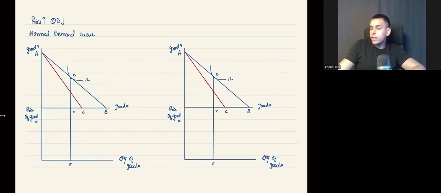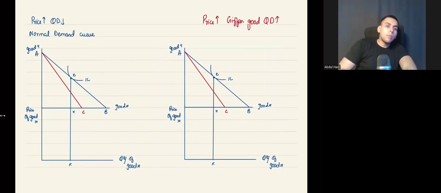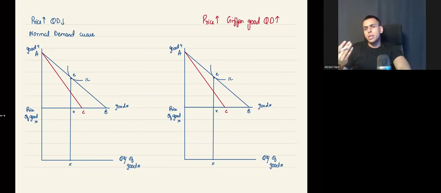All right. And on the right side, we are linking the case with Giffen good. Price level increases, and we're talking about Giffen good, which also states that the quantity demand will rise as well. Now, let's talk about the normal good first. It states that if the price level is rising, demand for that good will fall, right?